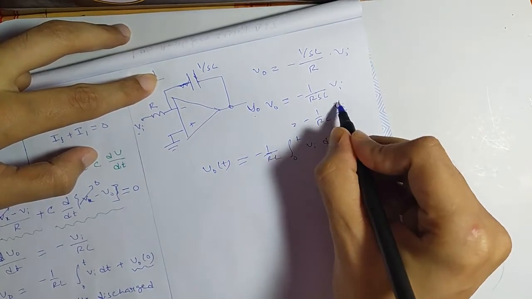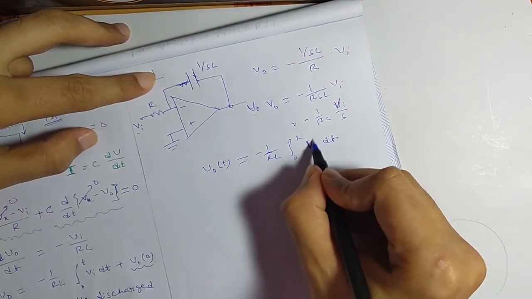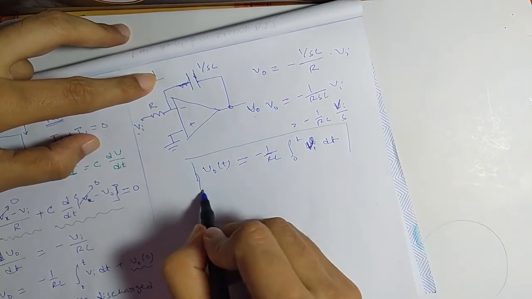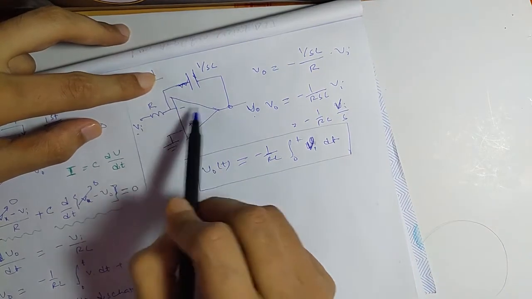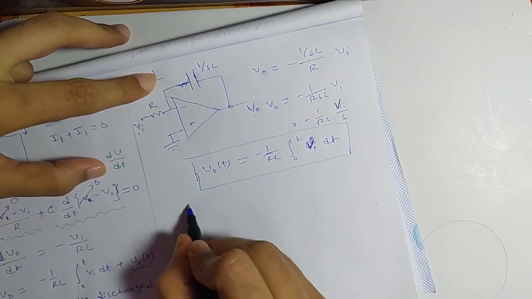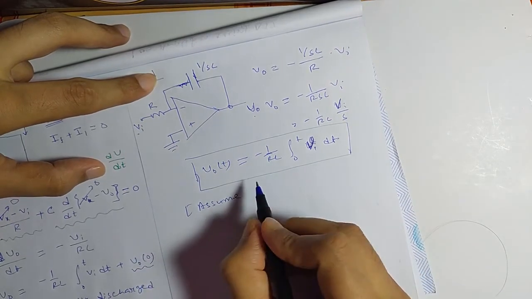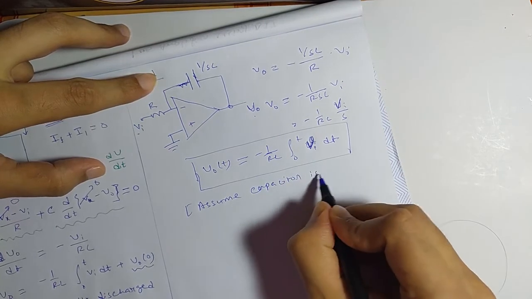So that is the Laplace domain VI and that is the time domain VI, sorry, small vi. So that will be the same expression for the integrator. Here we have assumed the capacitor is initially discharged.